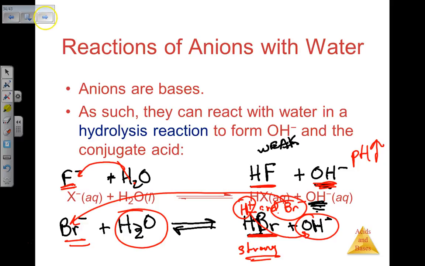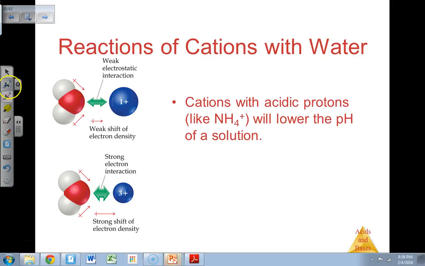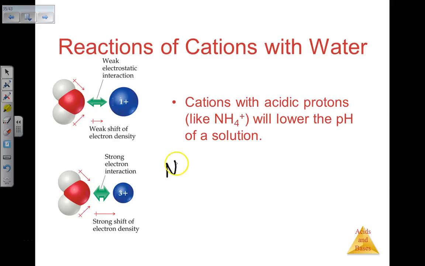So now the opposite is also true when we're dealing with bases. Okay, ammonia. Let's look at this. So this is a weak acid, NH4 plus. And if we want to get an idea of whether it can be an acid or a base, we're going to react it with water, H2O, in equilibrium.